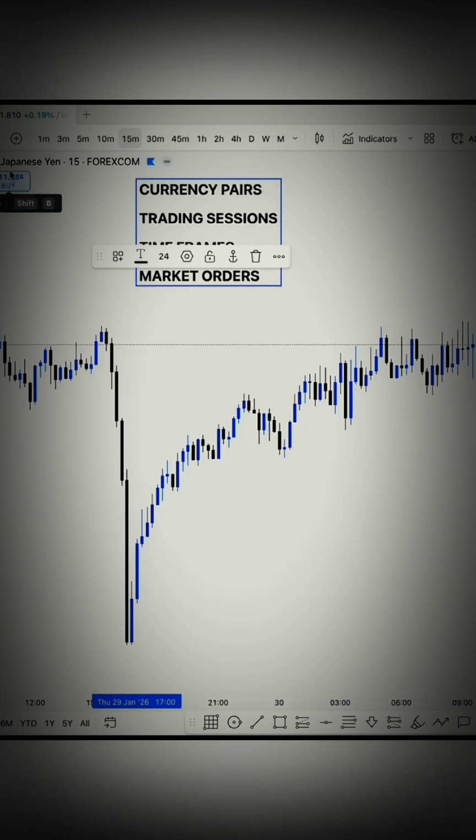So these two currencies, British pound and Japanese yen, are represented here on this chart with these candlesticks. Now, the blue candlesticks represent the British pound, while the black candlesticks here represent the Japanese yen.